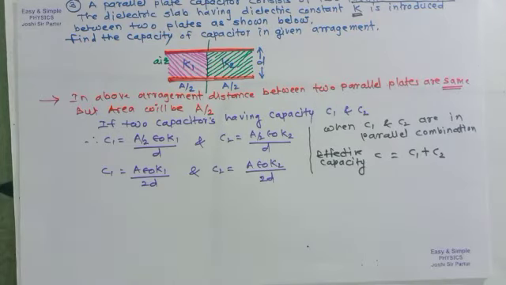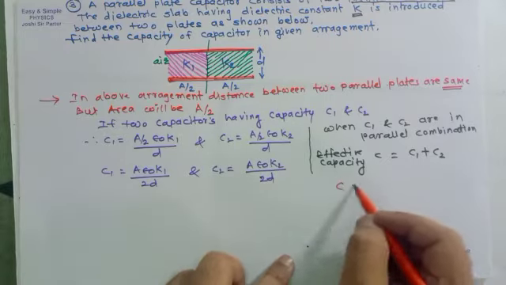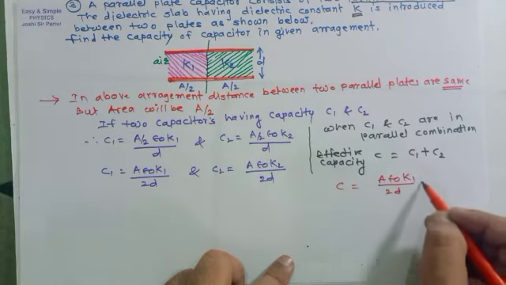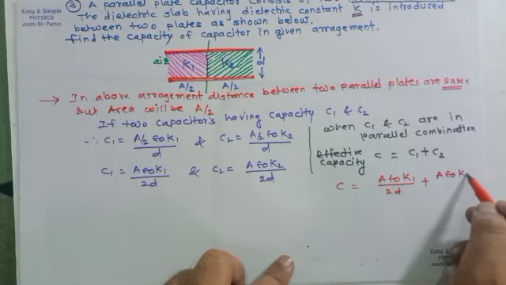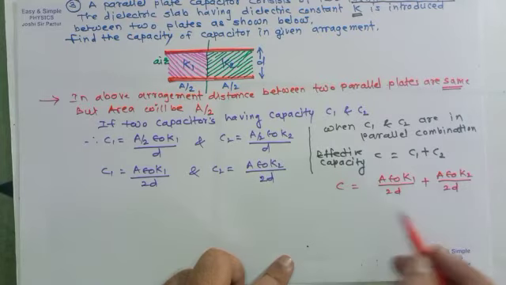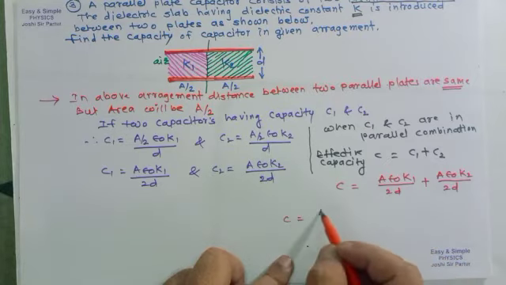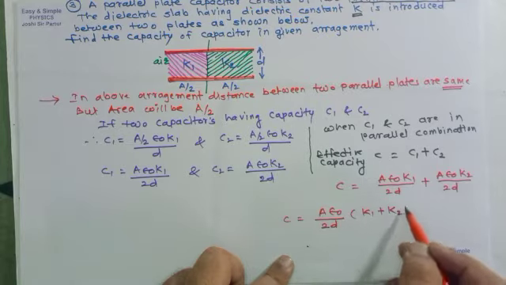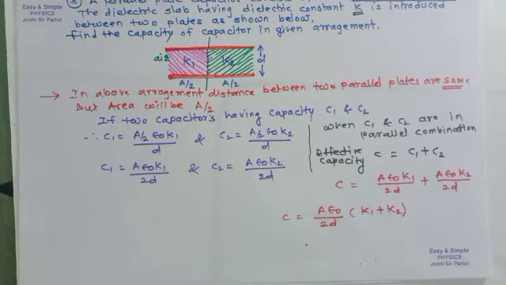If we substitute the value of C1 and C2, C is equal to A epsilon 0 K1 upon 2 times D plus A epsilon 0 K2 upon 2 times D. If we take the common term A epsilon 0 upon 2D, C is equal to A epsilon 0 upon 2D in bracket K1 plus K2. That is the answer for the above example.